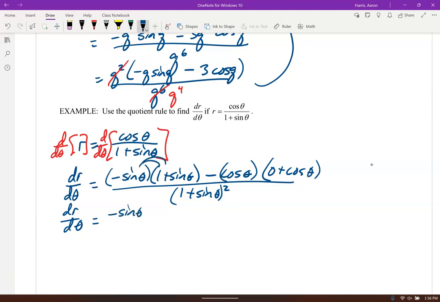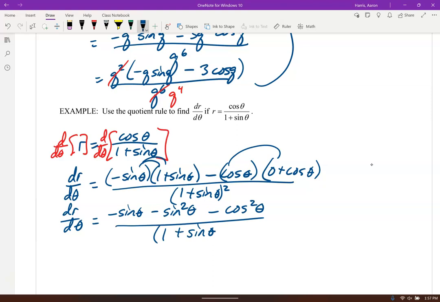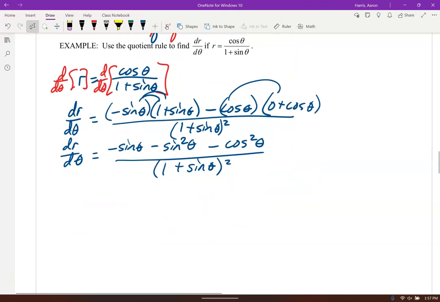So dr d theta ends up being negative sine theta minus sine squared theta. I'm going to distribute that, or actually that's negative cosine times cosine, so minus cosine squared theta. Now remember, sine squared plus cosine squared is 1. So let me take a negative out of the sine squared and the cosine squared.